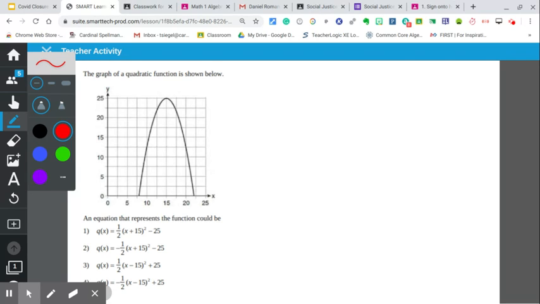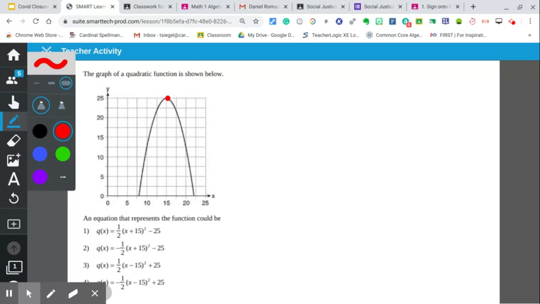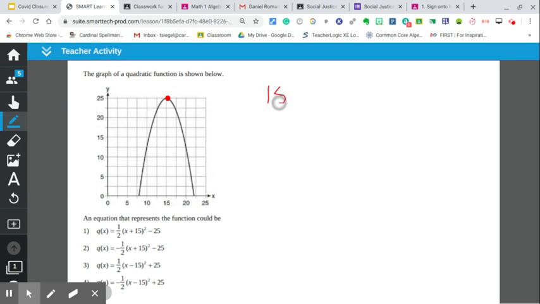All right, so what you do is you find the vertex, which in this case is the turning point. There's some people I'll show you later who got it a little backwards, but anyways, that's the vertex. The coordinate of the vertex is 15, comma, 25.